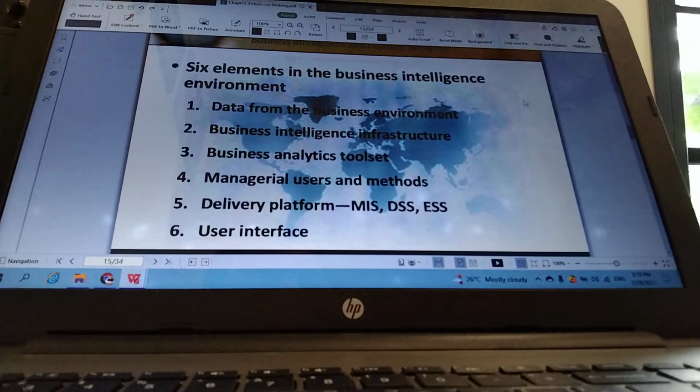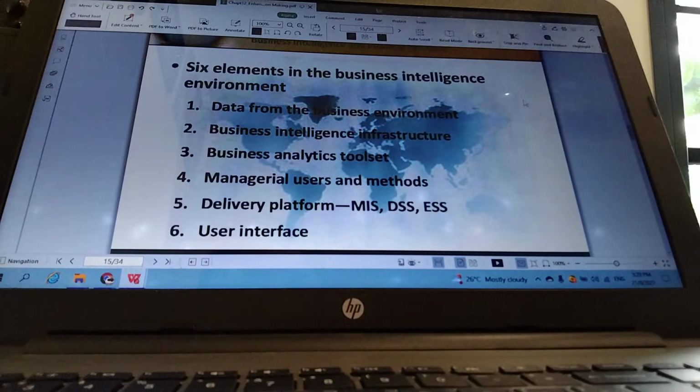Next, as you have seen in the slide earlier, the BI infrastructure, the platform that we're going to use to collect your data, to gather your data, to store your data, so that we can continue using the tool set in order to analyze and transform it into decision making.